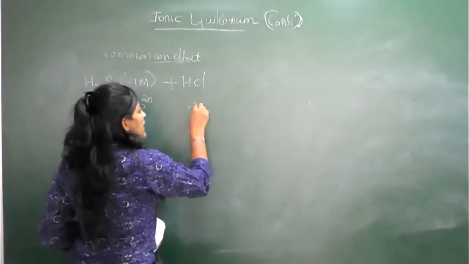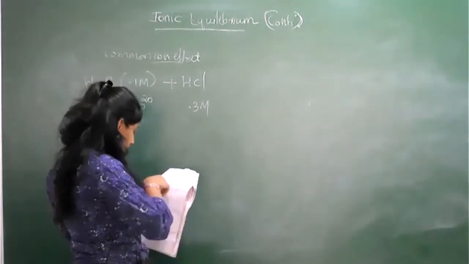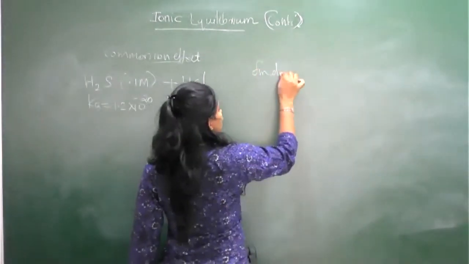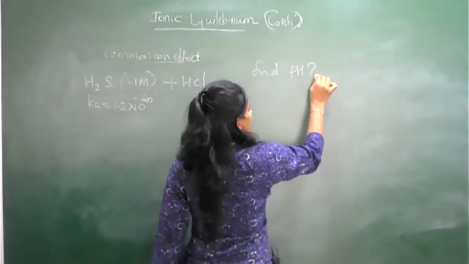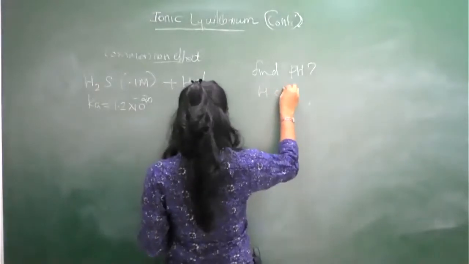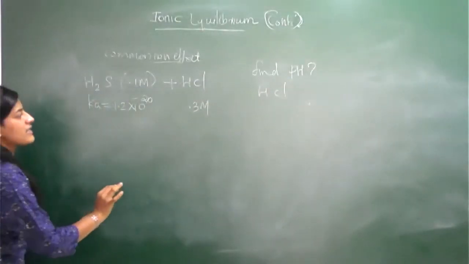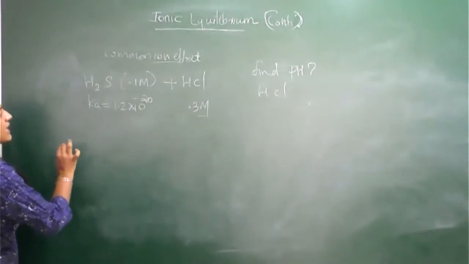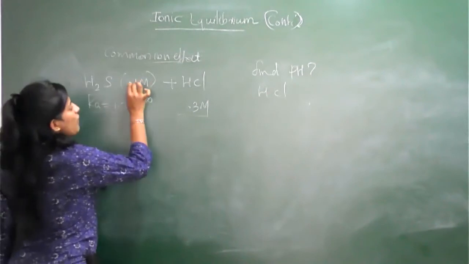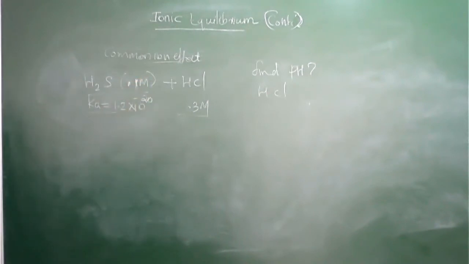HCl is 0.3 molar in concentration. Here you want to find pH. With the help of this, find out pH.